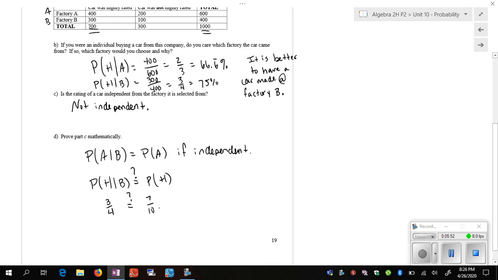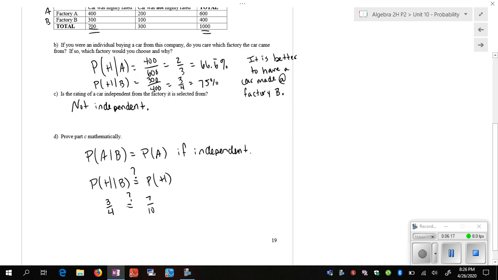Those two fractions are clearly not equal. When I'm talking about independence, I want them to be exact. At least in our Algebra 2 class, we want them to be exact. They can be close in an AP Stats class, but even when we talk about close, they have to be close within the 10,000th. So for our class, we're going to say that these two things need to be exact.